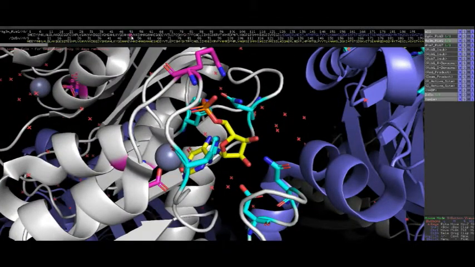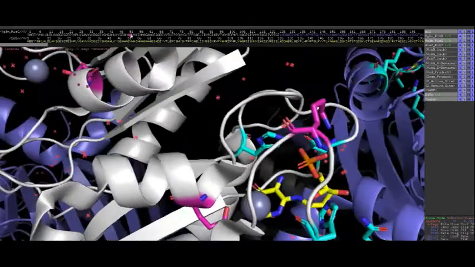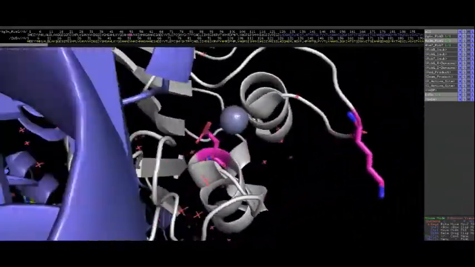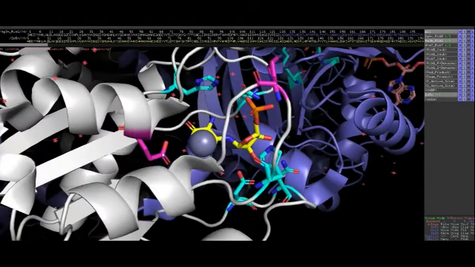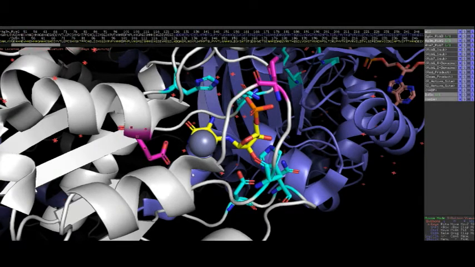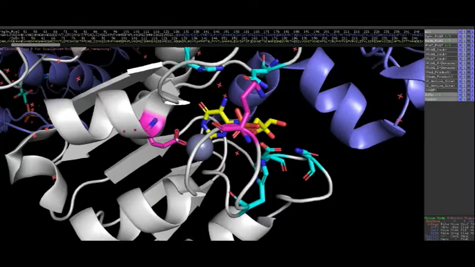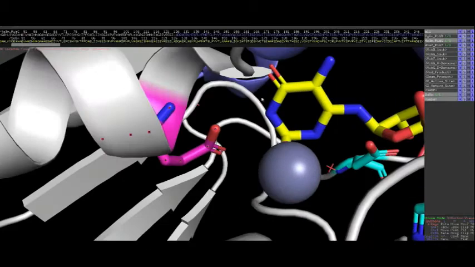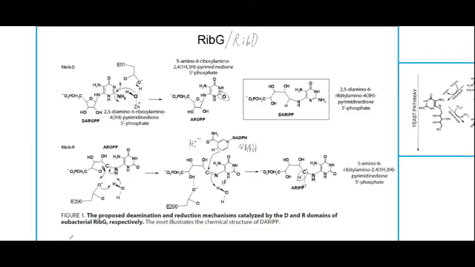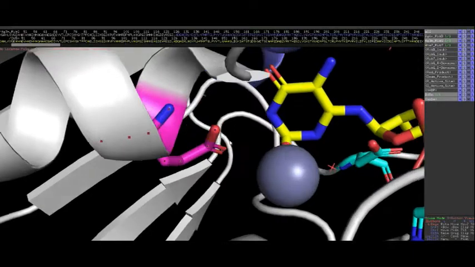Well, I think I have this in the other part of the dimer here. So that's that glutamate right there. So that's the glutamate 51 in this active site. And we can see that that's brought in close to this ring here, which is similar to our mechanism with that zinc ion there.